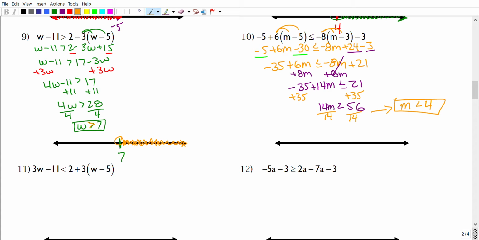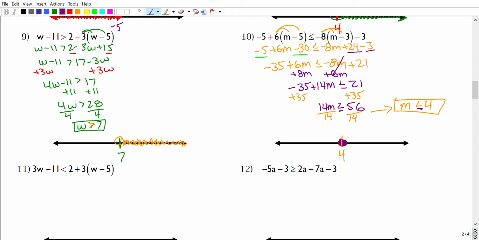Okay, and actually, oh, I forgot to rewrite my equal to sign there. So m is less than or equal to 4. So actually, I should have a 4 here and a closed circle because I have a less than or equal to, so I definitely have to have my closed circle there.